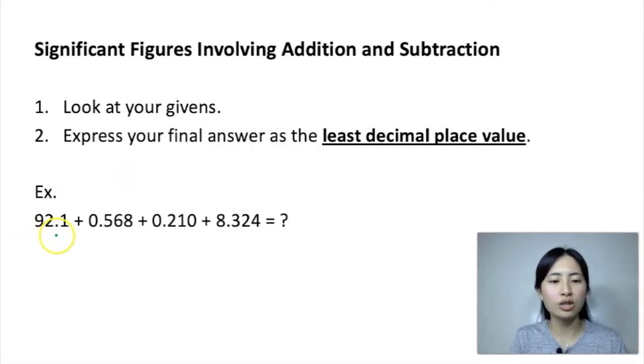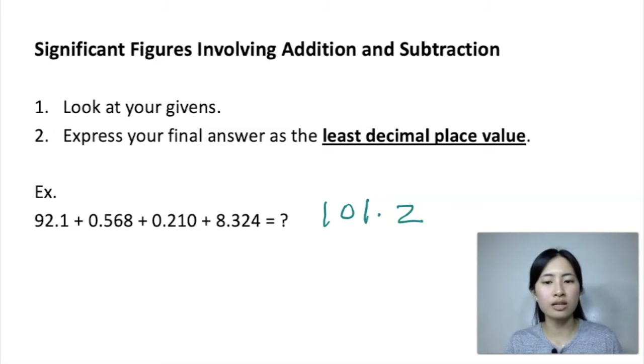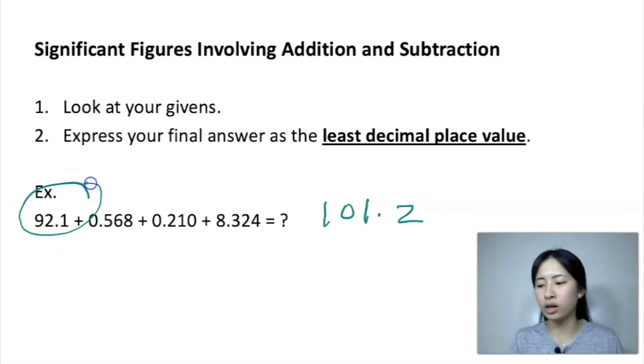So if you're adding 92.1 plus 0.568 plus 0.210 plus 8.324, you should end up with your final answer as 101.2. And your final answer must consist of 4 significant figures. So the answer is 101.2 because your least decimal place value, which is 1, is based on 92.1 over here.